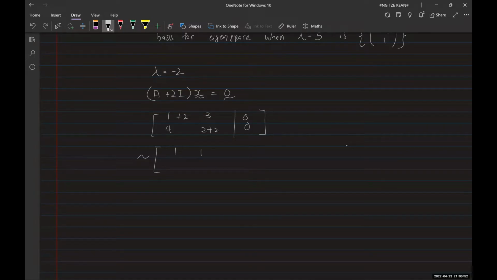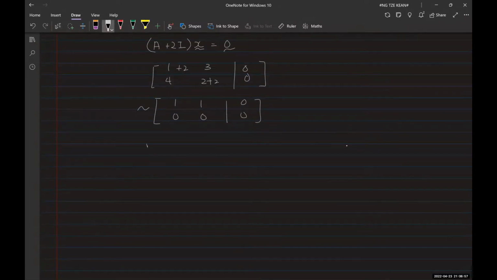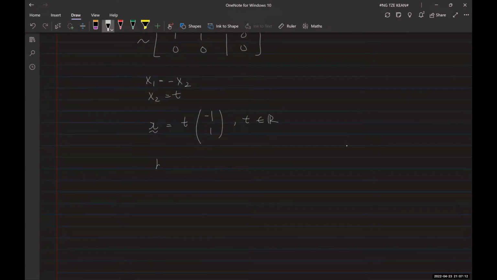And when we get the RREF, this is the form. We have x1 equal to minus x2, and x2 we let be some scalar again. And we obtain this. So the basis for lambda equal to minus 2, I will not write it out, is just this. And that's the basis for the eigenspace. And that is it for question 2.